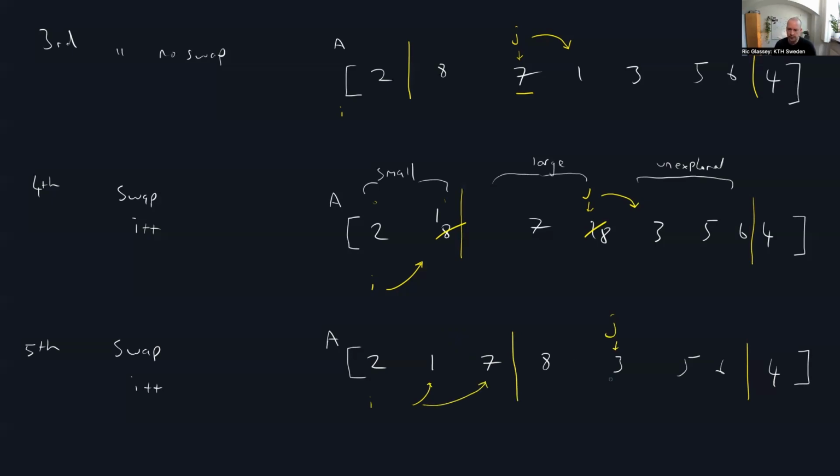It's pointing at 7. So now we have to swap 3 with 7. The 3 will jump to here, and the 7 will jump to here. At this point in time, it's kind of interesting because you can see the 8 and the 7 are actually flipping place, which can be seen as inefficient, that it's not very stable.